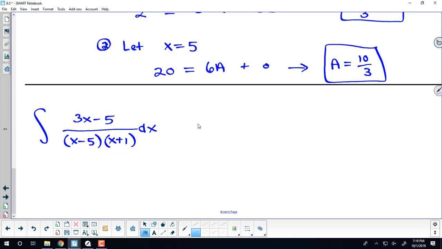And so what we've determined is how to decompose 3x minus 5 over that quadratic.